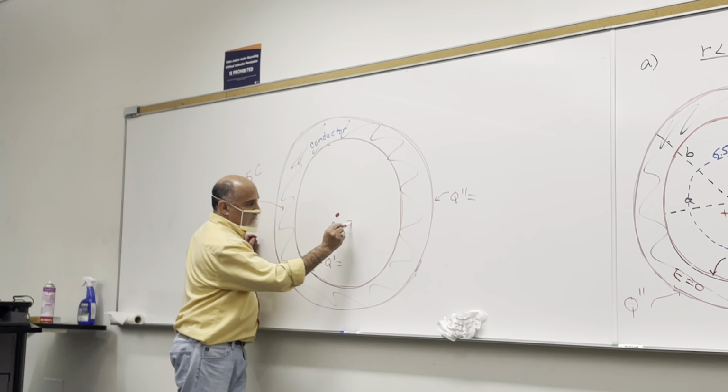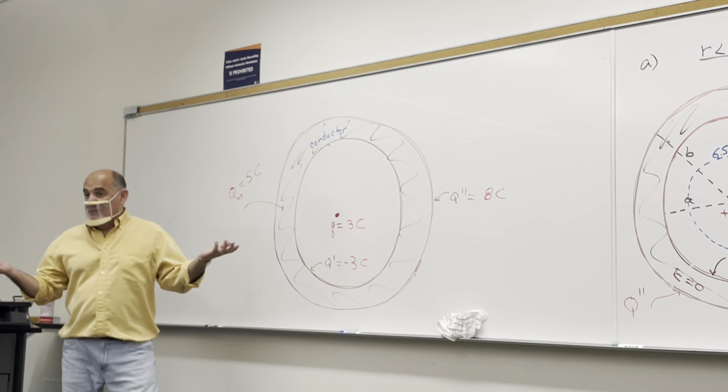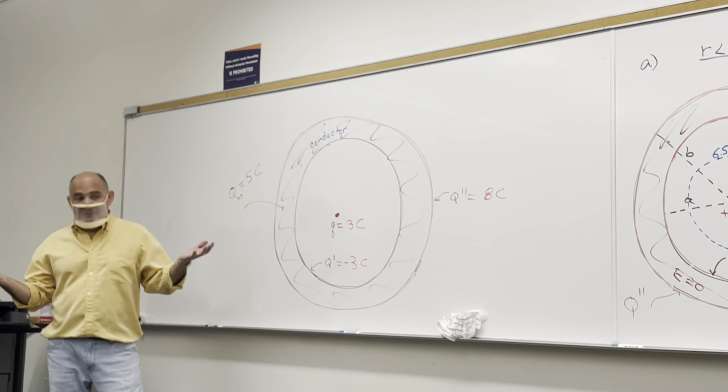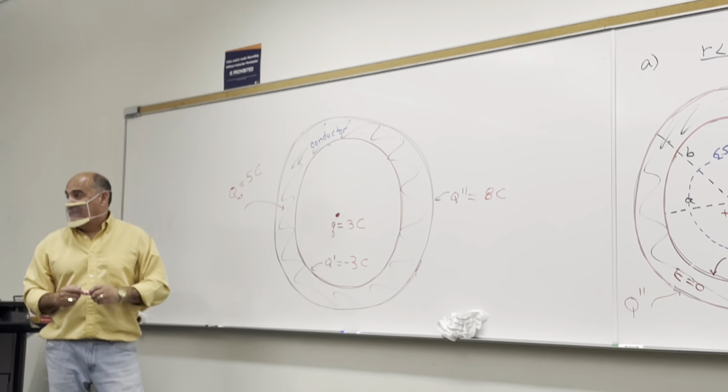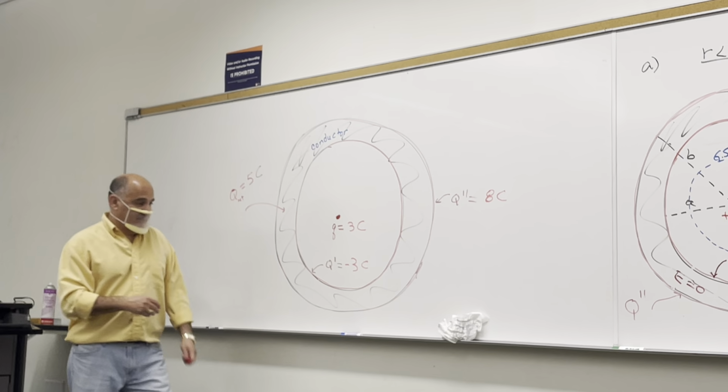Negative 3 and 8. Negative 3, and therefore this has to be 8. Because Q1 plus Q2 is Q. Yes? 8 plus negative 3 gives me the 5. Another one? Please.